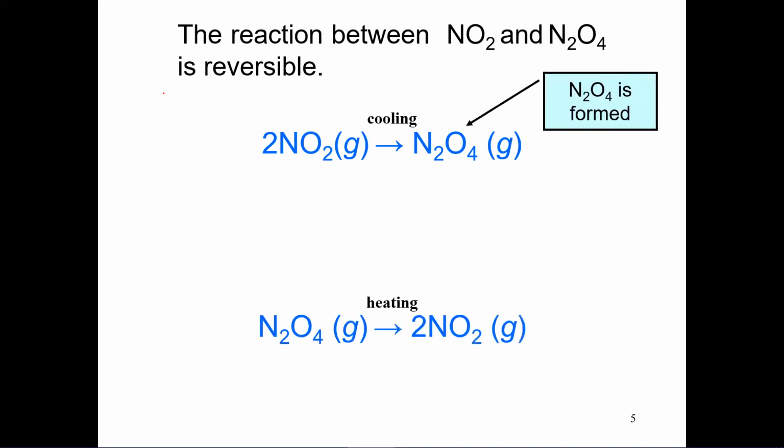And essentially, if you heat it, it'll go the other direction. So the heat in this case is enough. So essentially, cooling this would mean you have heat coming out the other side, you're removing heat from the system, and then heating on this side, you add heat on that side, and it'll go over to the other side. So basically, this is an example of a reversible reaction.